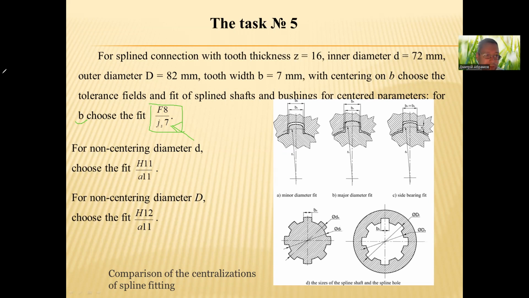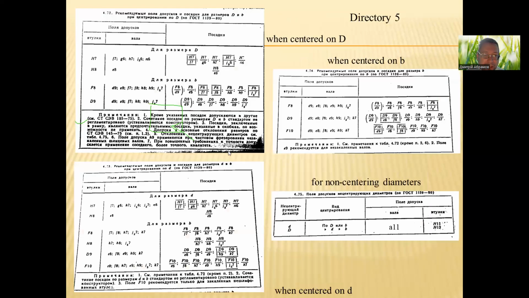Where do we get these parameters? On the next slide, we can see the tables, directory number 5. First table: when centering on D. When centering on B. For non-centering diameters.